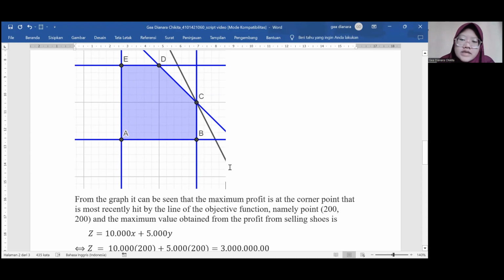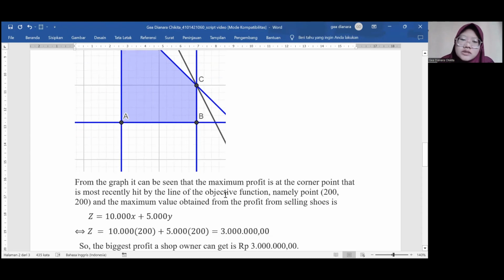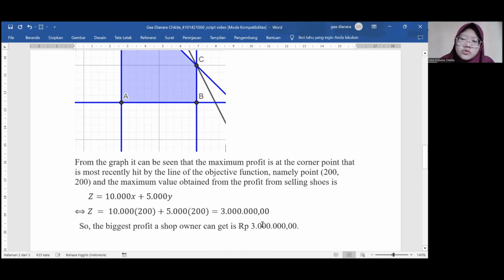The maximum value obtained is z = 10,000 times x, where x is 200, plus 5,000 times y, where y is 200. From this equation, the profit the shop owner can get is 3 million rupiah.